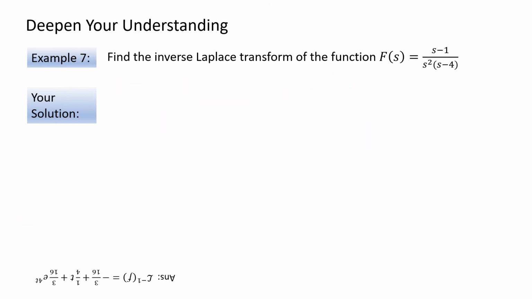So in that first example, I gave you an easy one, right? One in the denominator you can factor. But remember, we had other cases. We had cases where we have repeated factors in the denominator. In this case, find the inverse Laplace transform of the function capital F of s is equal to s minus 1 divided by s squared times s minus 4.